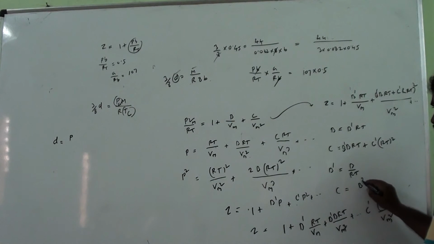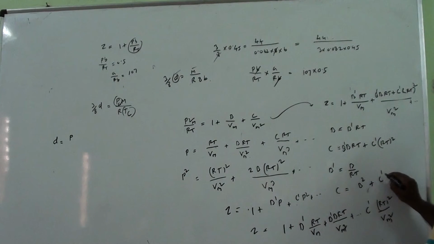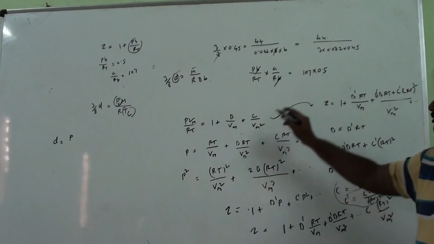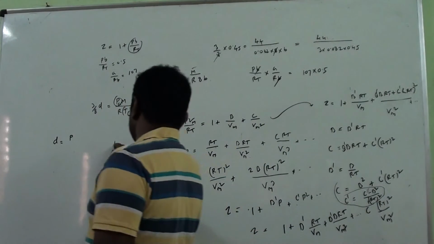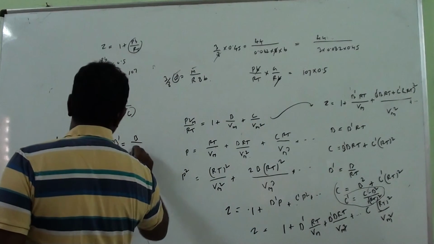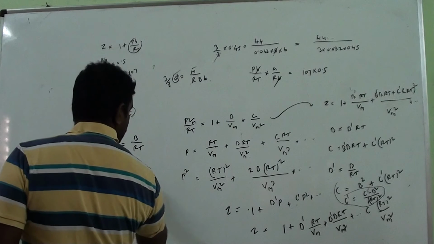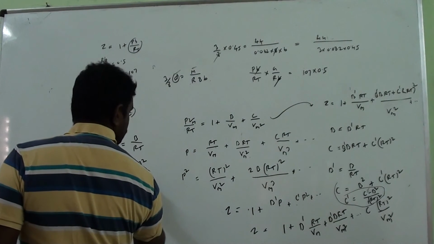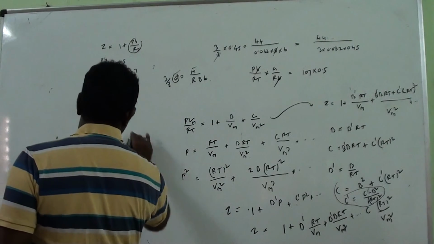B square plus C dash. Our final answer is b dash equal to b by RT, and c dash equal to RT c minus b square by RT.